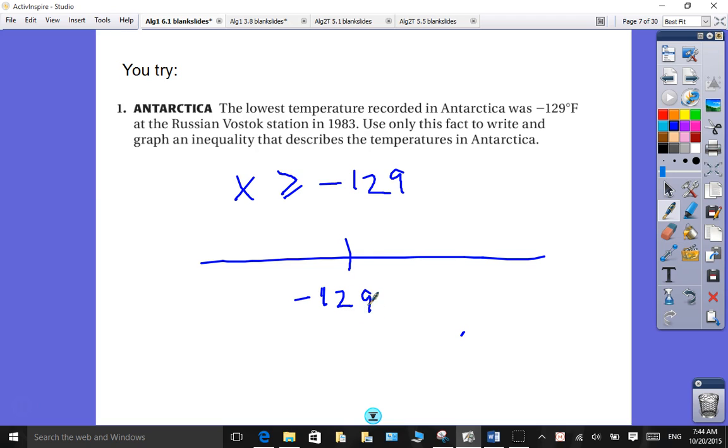Was it open or closed circle? And did you shade to the right or to the left? You definitely got to know your right from your left, okay? Is it left or right? To the right, okay? So it should have been shaded to the right. Right, warmer temperatures everywhere else.